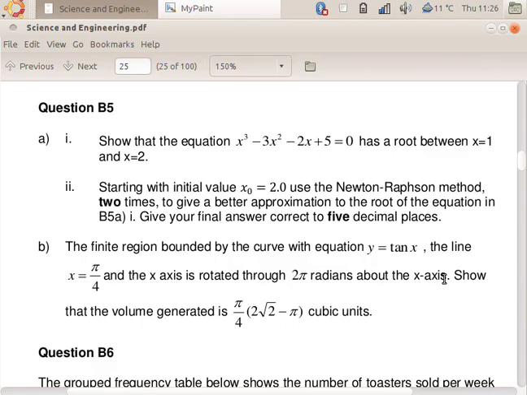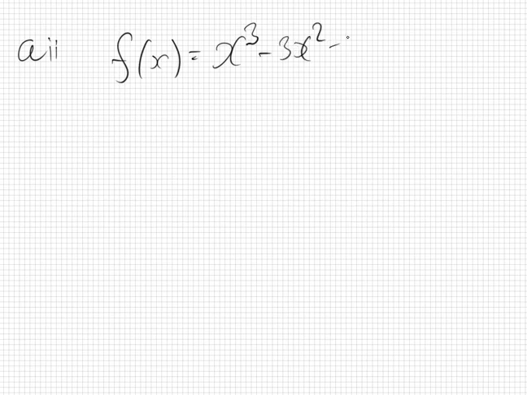Okay, I need you to recall the cubic for me now in a moment. So A part 2 here is the calculation part. So what was my function here? x cubed minus 3x squared minus 2x plus 5.